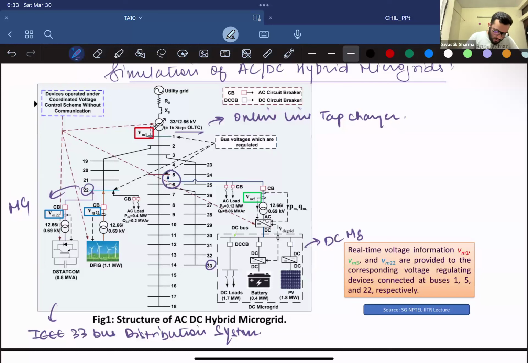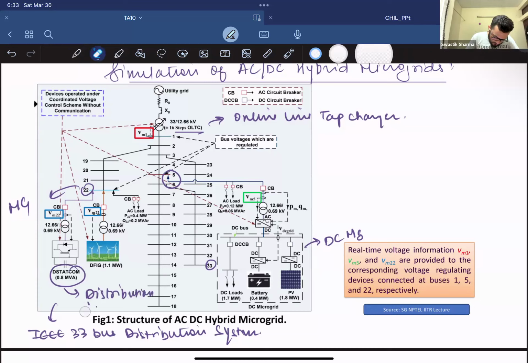So for voltage regulation, what do you have? You have an OLTC, the online tap changer, and you have a DStatCom, which is a distribution static compensator.